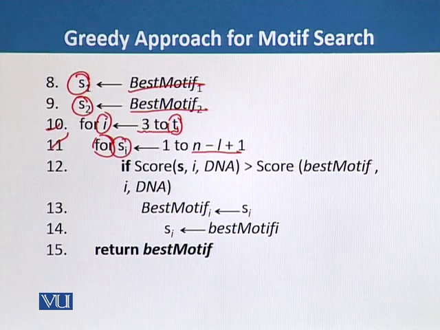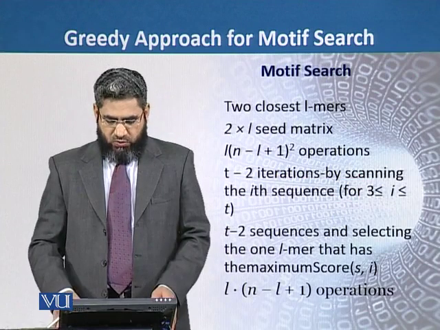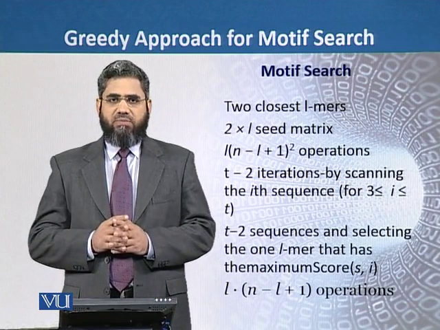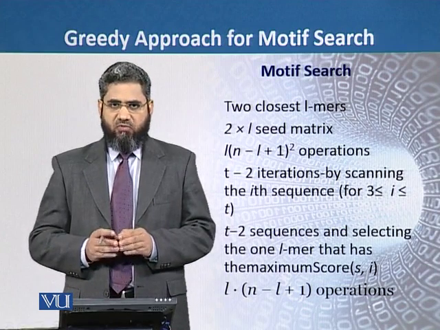If the score we obtain for i from 3 to T, the remaining DNA sequences, is greater than the best score already assigned for the i-th DNA sequence, then we assign that best score motif to s_i. Similarly, if we get the best score we get the answer as the best motif. So the greedy algorithm basically works to find the best motifs within the first two DNA sequences.